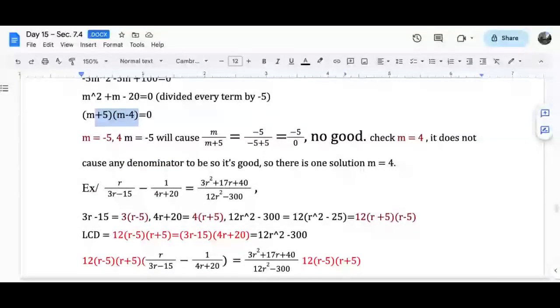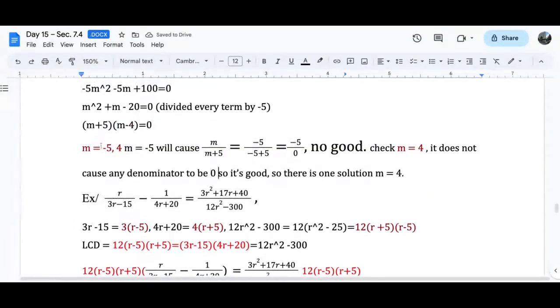It does not cause any denominator to be 0. So it's good. So there is only one solution. Negative 5 is an extraneous solution.